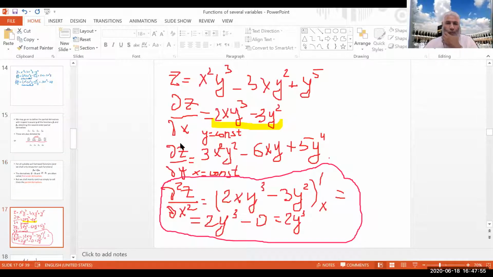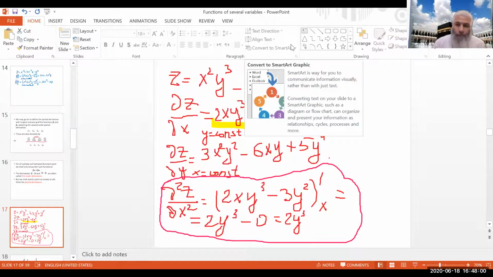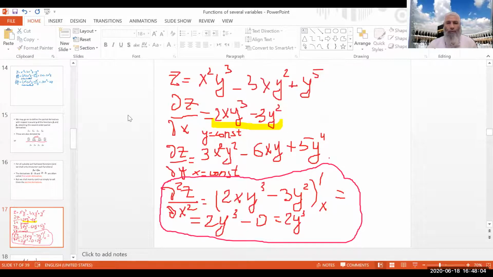So this is another function. Z equals x squared y cubed minus 3xy squared plus y power 5. We will write this down.